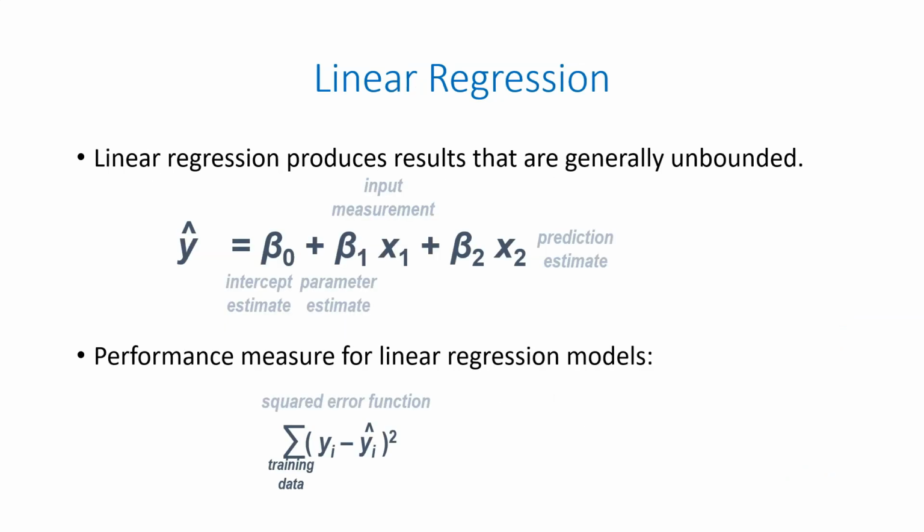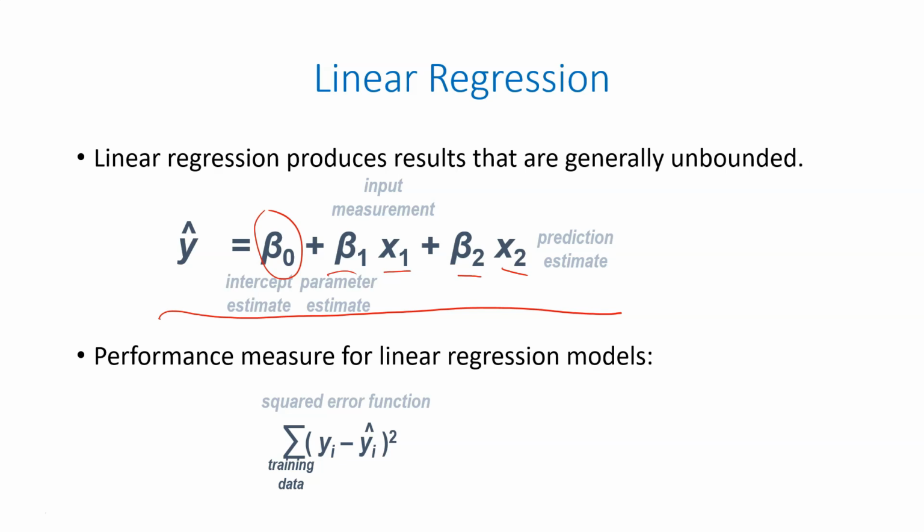To better understand how logistic regression works, we should start by exploring the differences between the two cousins, linear regression and logistic regression. This is a simplified version of the linear regression model with intercept beta 0 and the two predictor variables x1 and x2, and beta 1 and beta 2 are the coefficients which show the magnitude and the direction of the relationship between the predictors and the target.